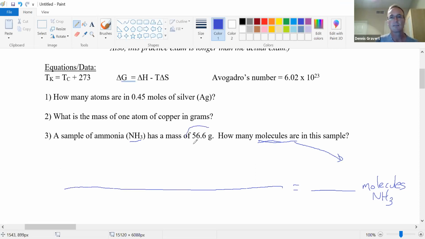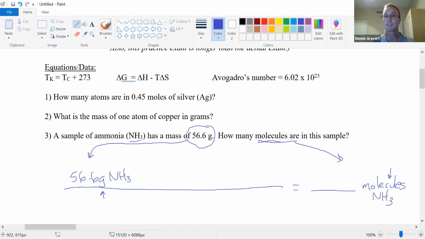We know that we start with 56.6 grams of NH3. Okay, so that's what we're given. Put it over here on the left side. And now we have to find conversion factors, something that can cancel out this grams and change it into the units of molecules. So then you have to hunt around for a conversion factor.